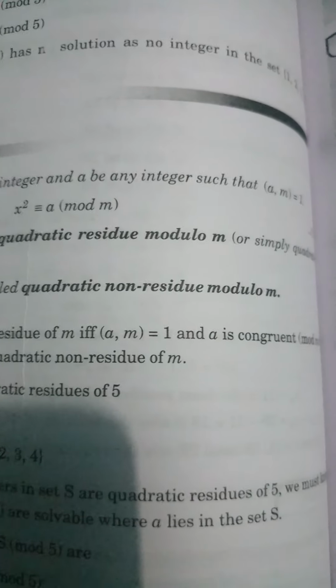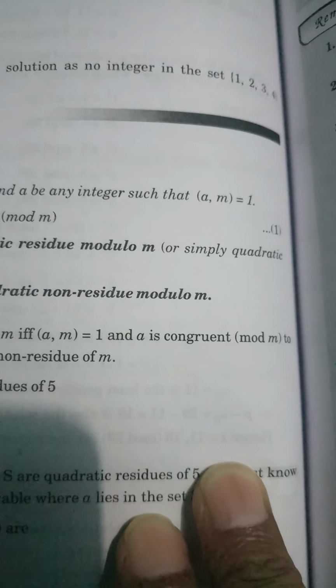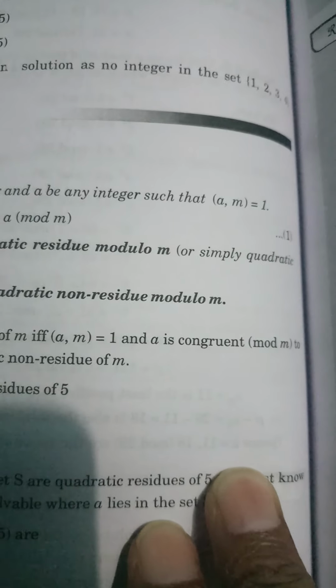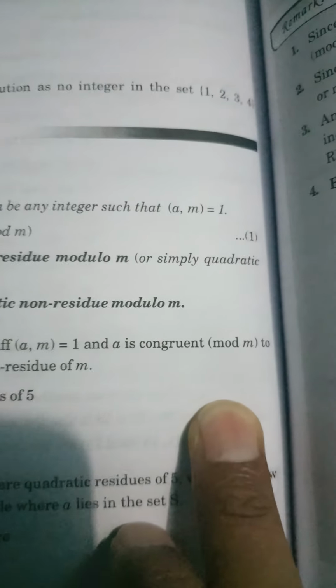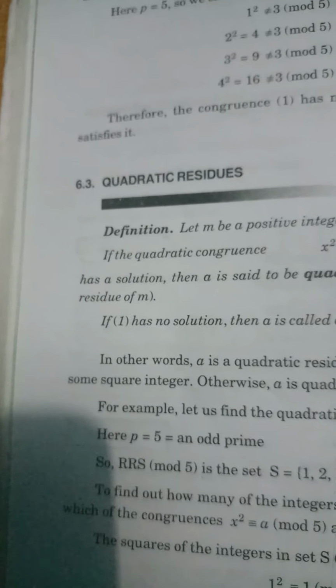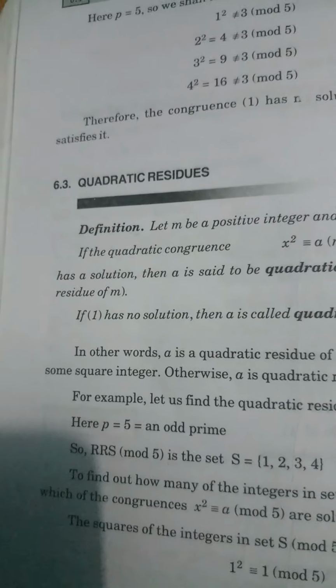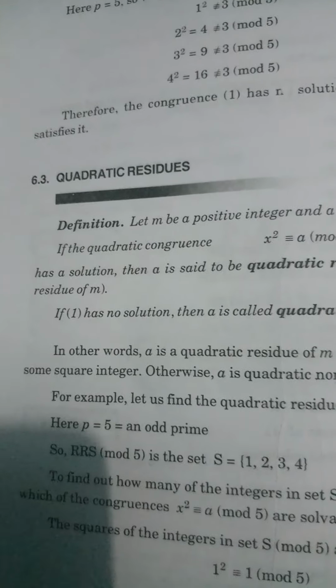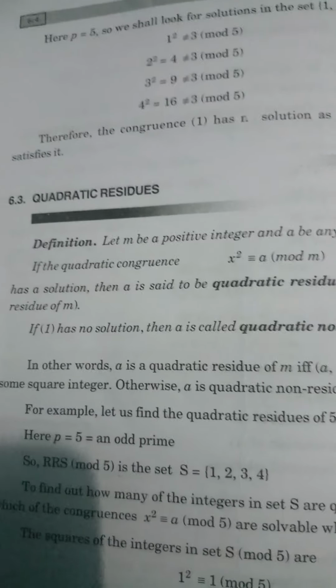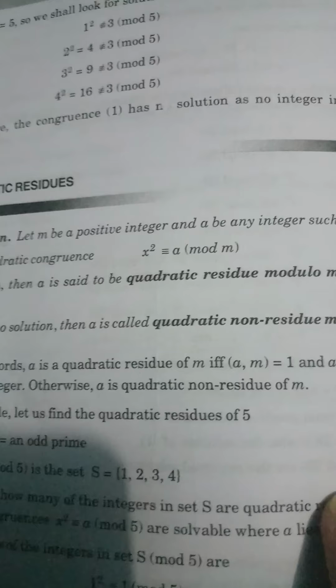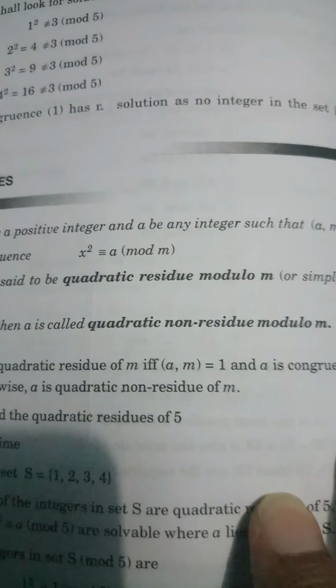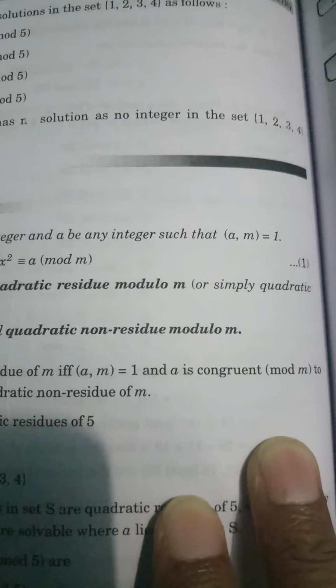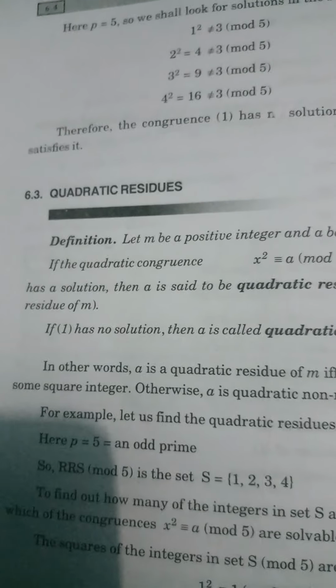a and m are coprime and a is congruent mod m to some square integer x square.